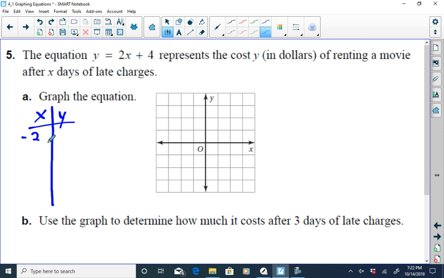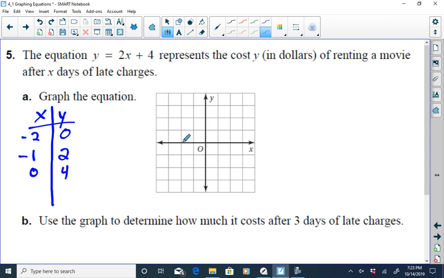If x is negative 2, 2 times negative 2 is negative 4. Negative 4 plus 4, that's going to be 0. Let's do negative 1. 2 times negative 1 is negative 2. Negative 2 plus 4 is going to be positive 2. Let's try 0. 2 times 0 is 0. 0 plus 4 is 4. I think that's all we have that's going to fit, but that'll be enough.